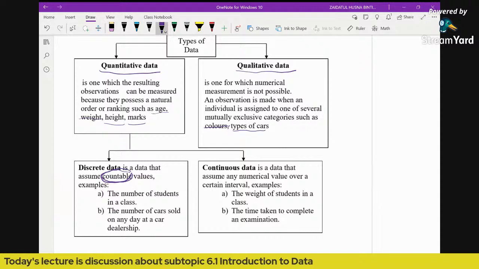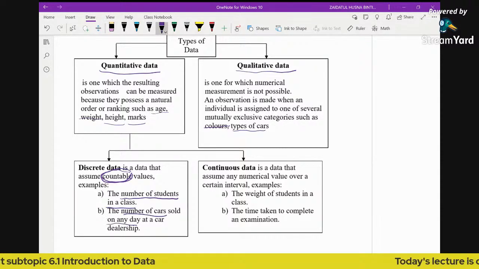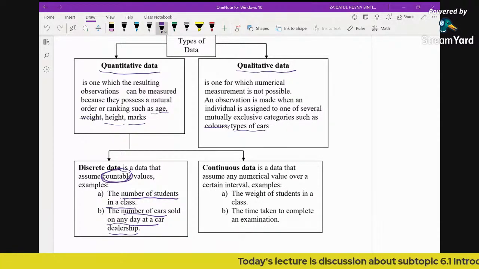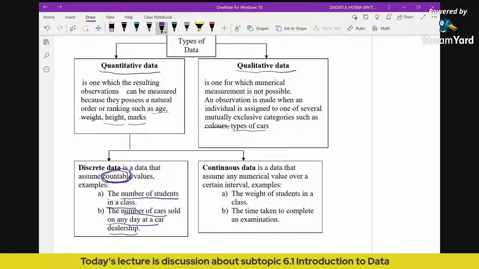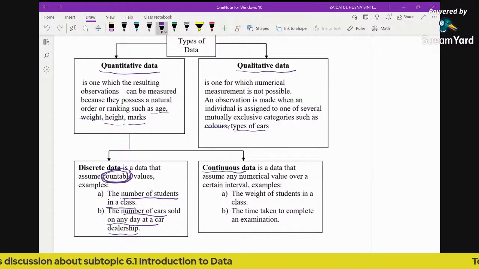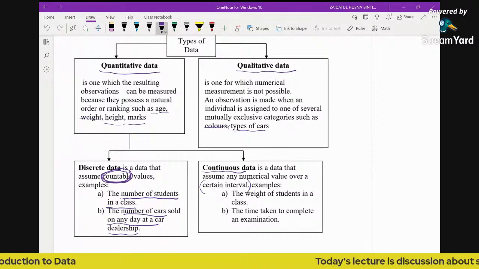You can see examples here: number of students and number of cars. Something that cannot take a decimal value is discrete. The keyword here is countable. While continuous data is data that assumes any numerical value over a certain interval. For example, you can represent the data using decimal values.